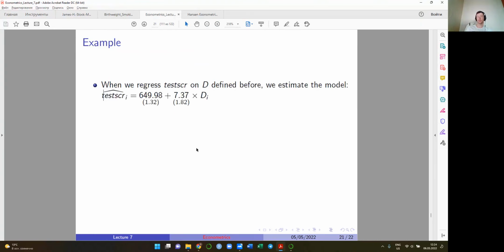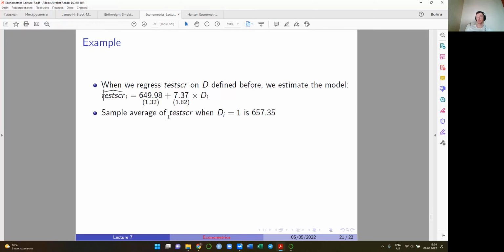So, here is an example for our test score case. When we regress the test score on this binary variable, or dummy variable, which we defined as 1 if class size is less than 20 and 0 if it's larger, and we estimate the model like this. So these are two estimated coefficients, beta 0, beta 1. So what does this mean?